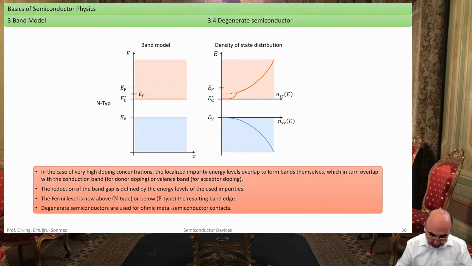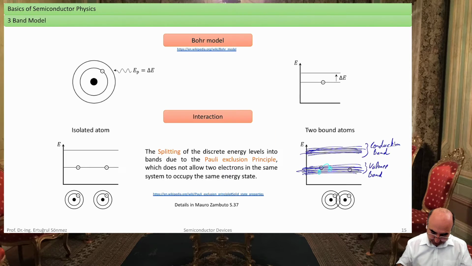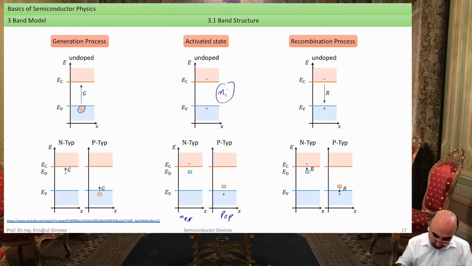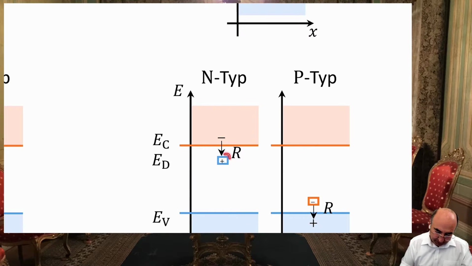What we have said at the beginning of our lecture about the band: if we have many atoms side by side, the energy levels split and we get a band. The same holds true if we dope heavily. So the dopants themselves get a band edge.